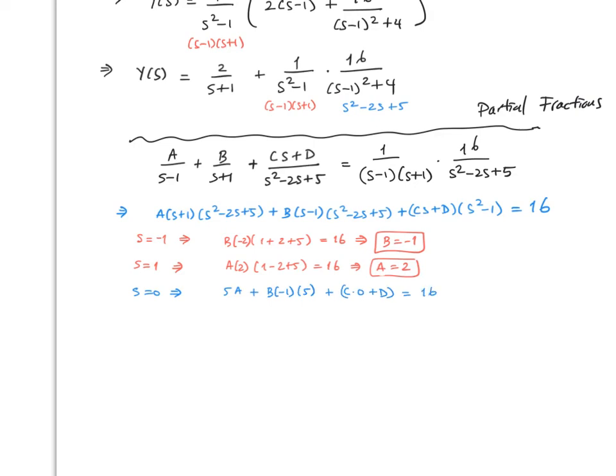But we already know the value for A and the value for B, so therefore from here we have 10 plus 5 minus D.